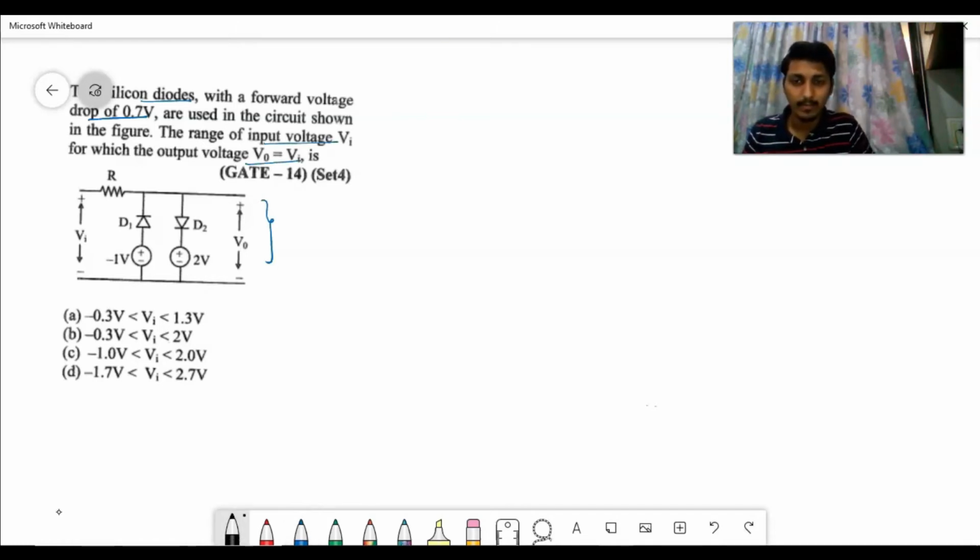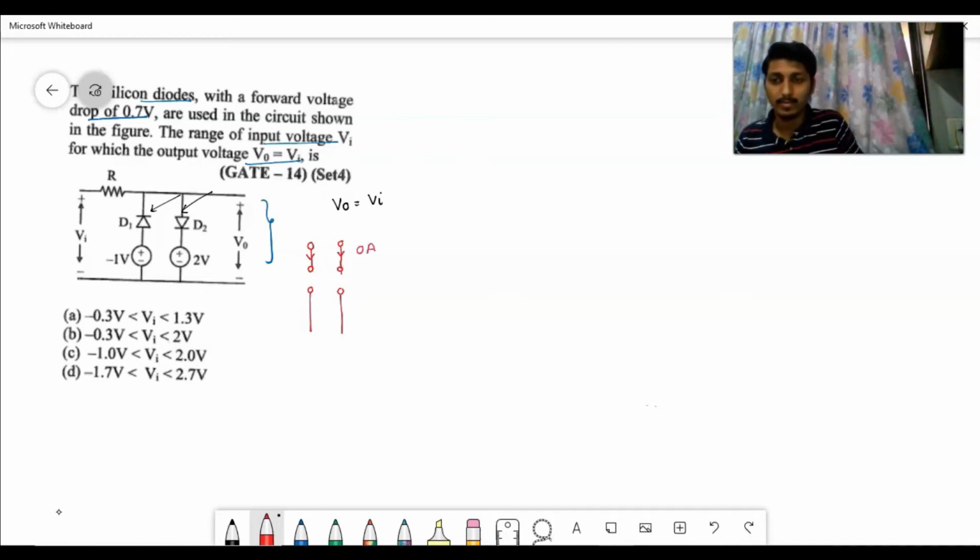So if we are conforming V0 equals to Vi, then we have to keep both the diodes in off condition, so that in this terminal the current will be 0 amp. So this is nothing but 0 amps and 0 amps. So nothing but V0 equals to Vi.